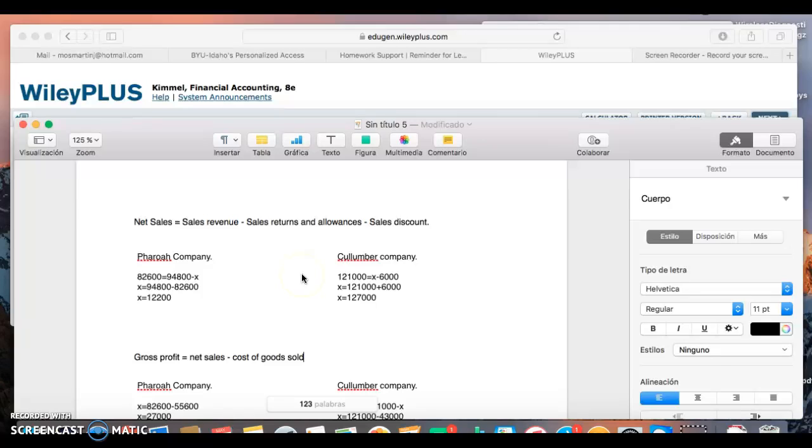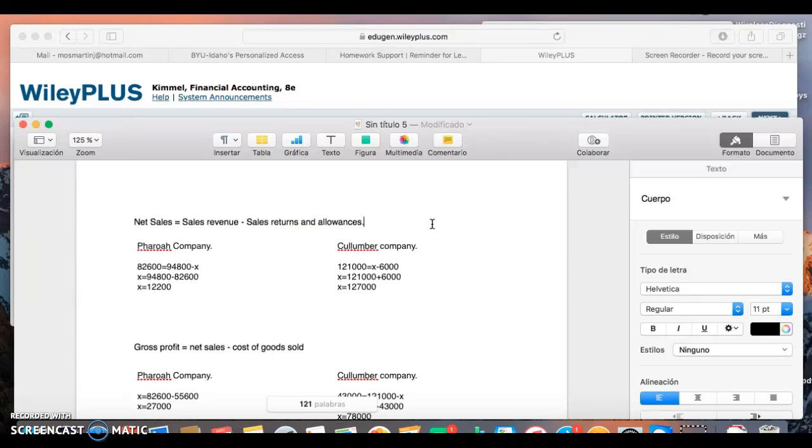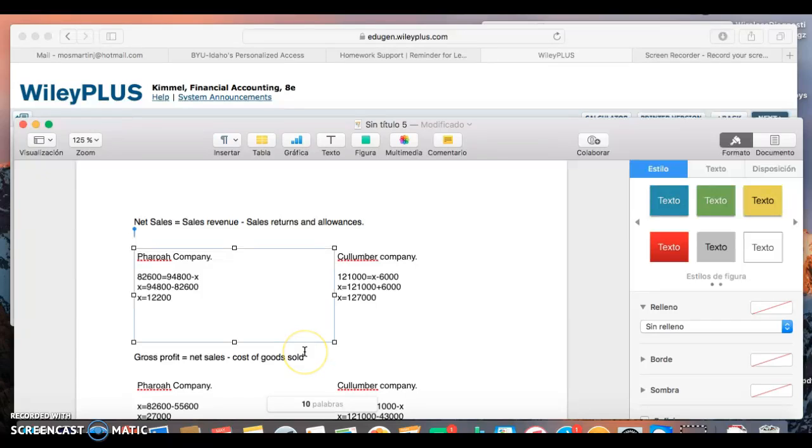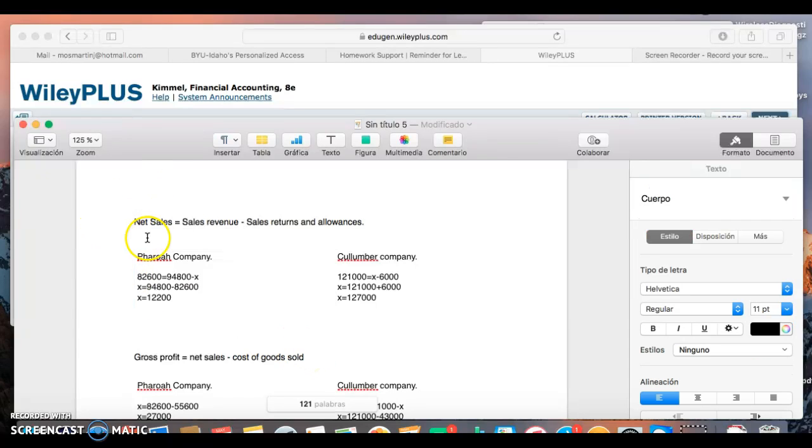For the first couple of blank spaces, the formula is net sales equals sales revenue minus sales returns and allowances minus sales discount. In this case, we don't have any sales discount, so we can just erase this so we don't get any confusion at all. So for the firewall company, we can see that this is pretty basic.